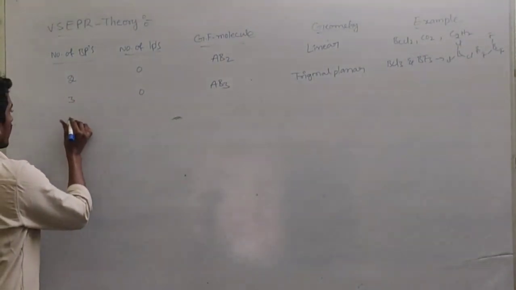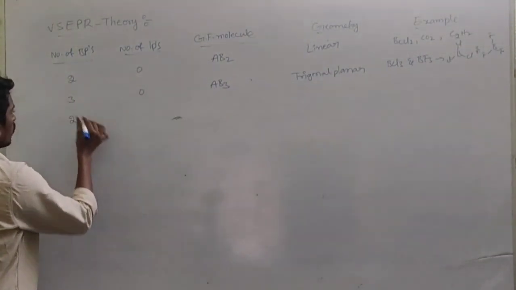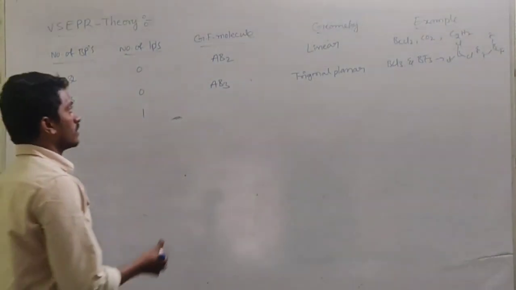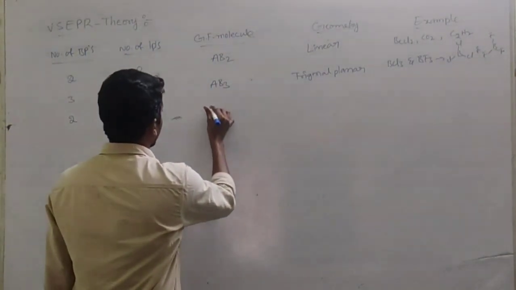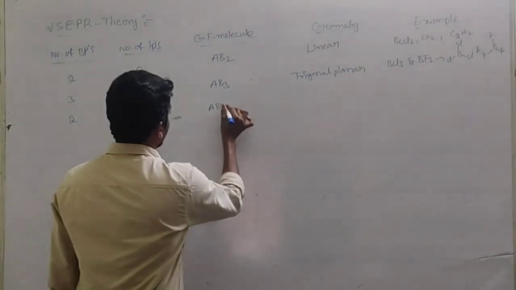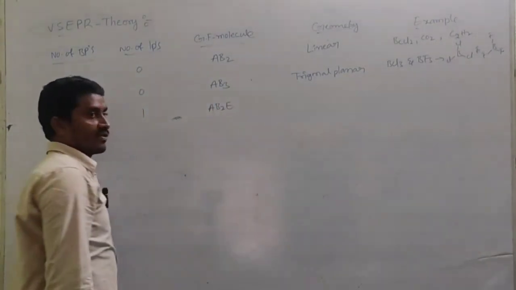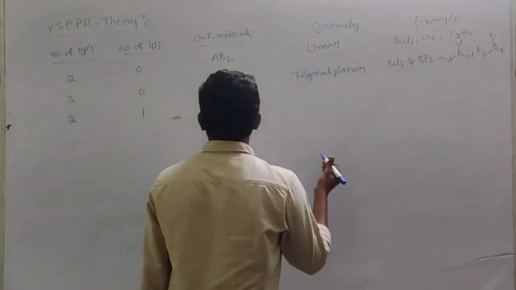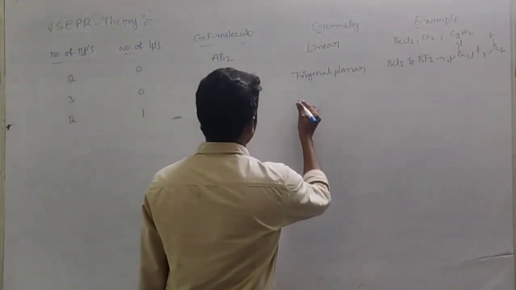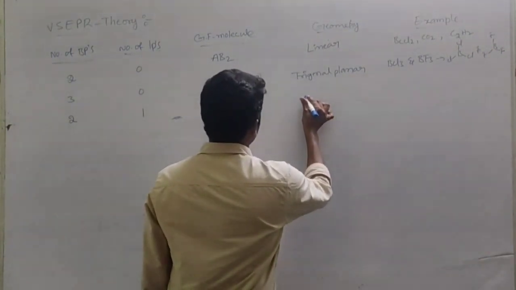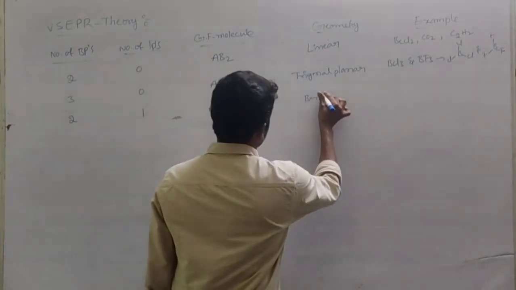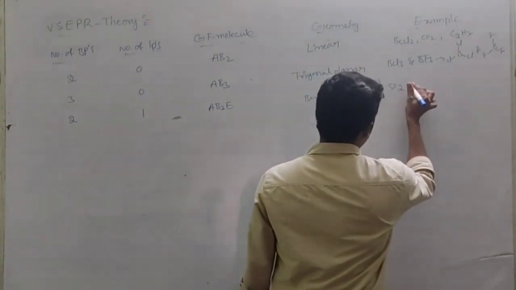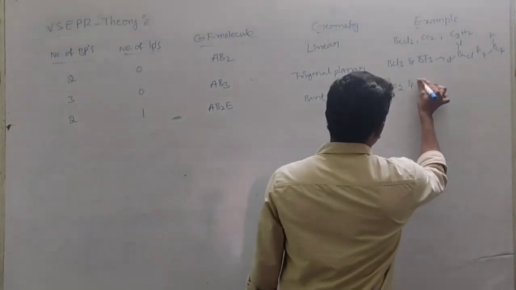If molecule has two bond pairs and one lone pair, general formula for that AB2E. So general formula AB2E లాగా రాస్తాం. దీనికి ఎగ్జాంపుల్ వచ్చేసి జామెట్రీ వచ్చేసి బెంట్ షేప్ అండ్ ఎగ్జాంపుల్ వచ్చేసి SO2 and O3.